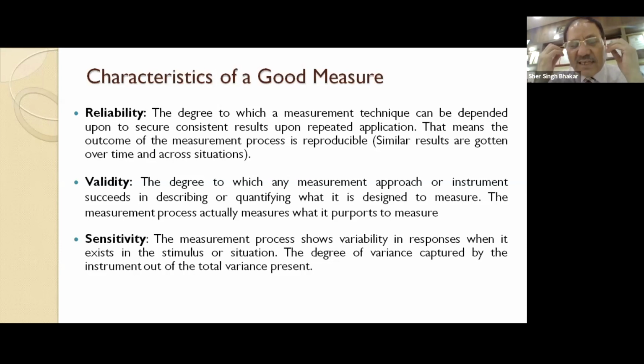How do you decide whether you use a 1 to 3, 1 to 5, 1 to 7, 1 to 9, or 1 to 10 scale? Sensitivity depends on your respondents, on whether they would be able to evaluate or understand that minute difference.